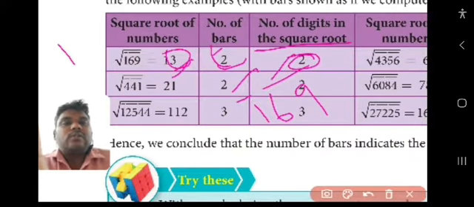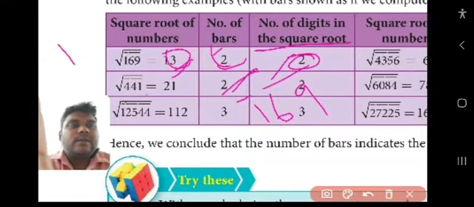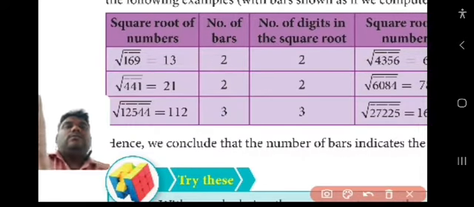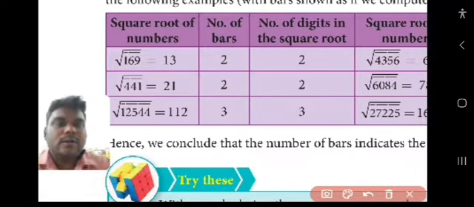So the square root will have as many digits as the number of bars. So the square root of 441: the number of bars is 2 and the number of digits in the square root is 2. Okay, so next the square root of 12,524.